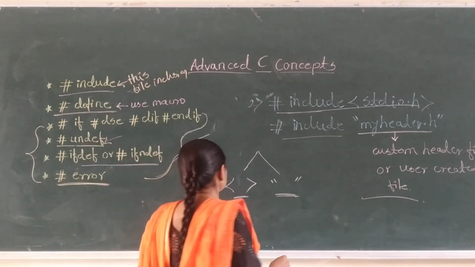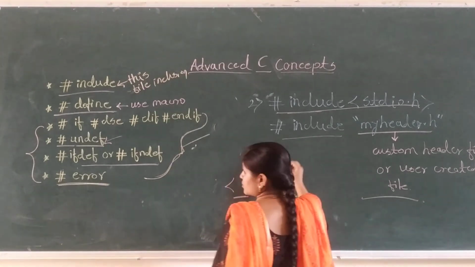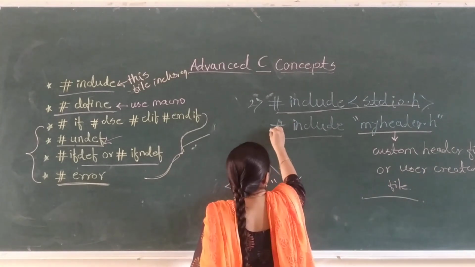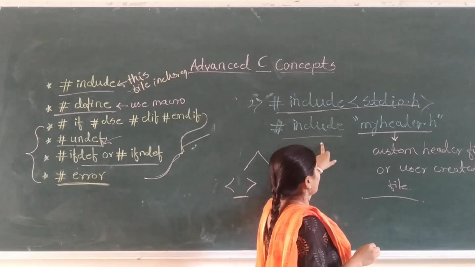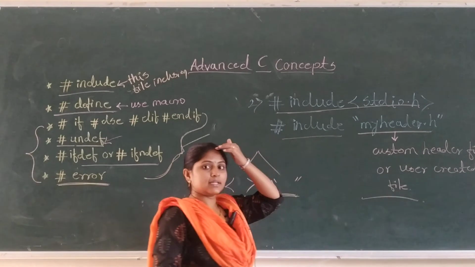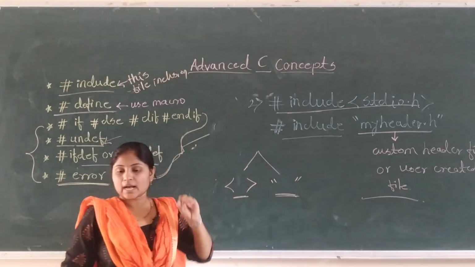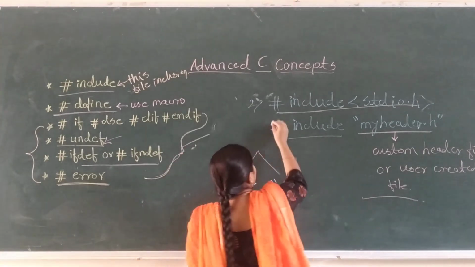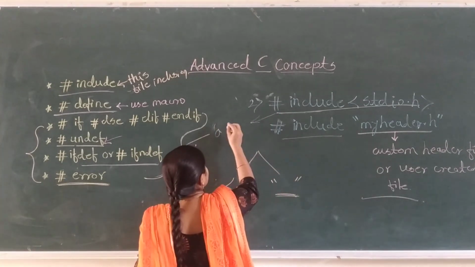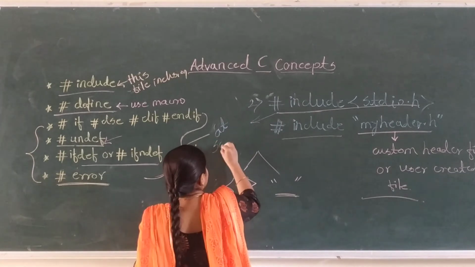So now hash include conio.h or hash include stdio.h, these are the header files which are at the same location.